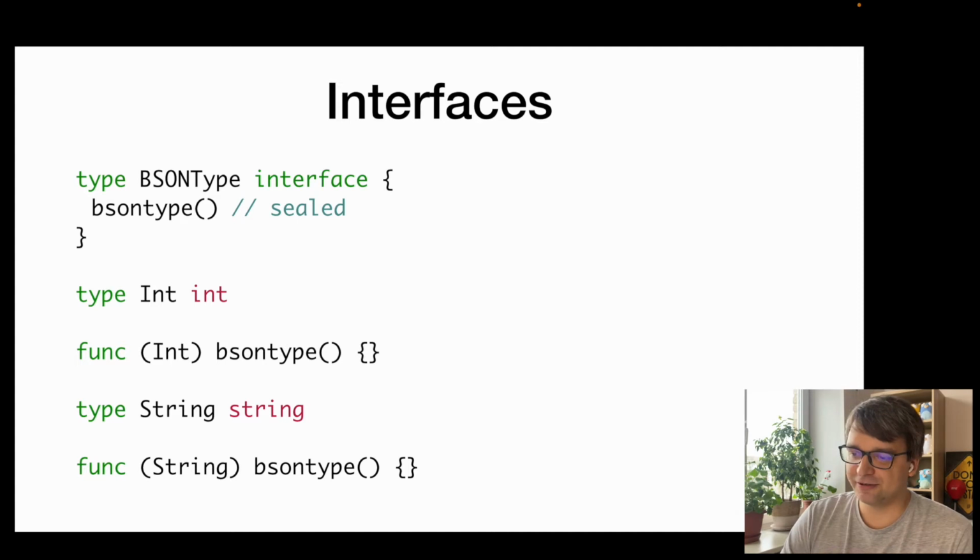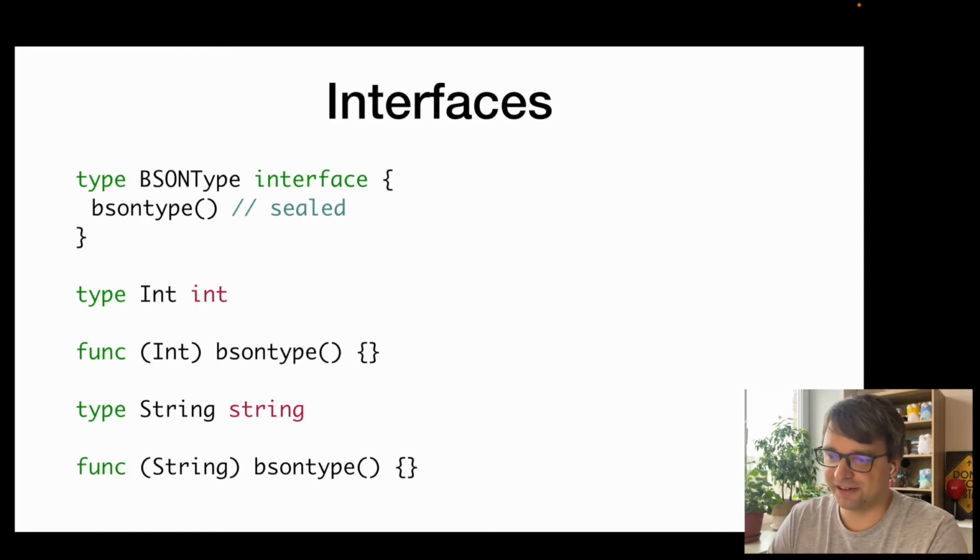That's to disallow someone else to define types implementing this interface in some other packages. So sometimes that's desirable, sometimes not. In that case, we want all BSON types to be defined in the same package, so the users of this package could not define their own BSON types. That sounds reasonable. But also this method does not do anything useful.